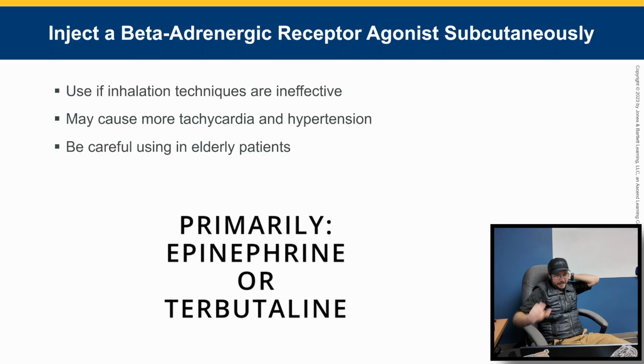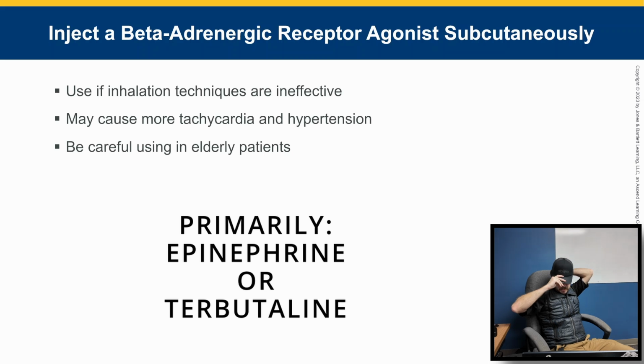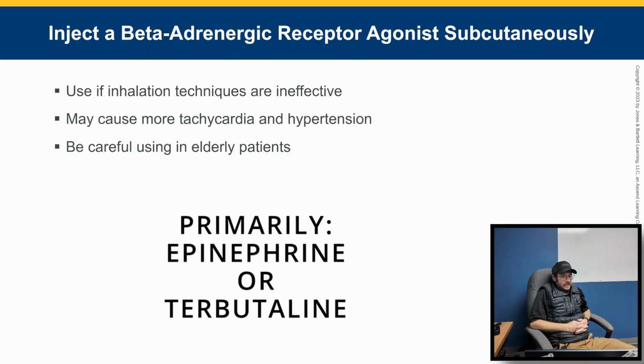So the last thing here, as an emergent use situation, is that we can inject a beta-agonist subcutaneously. One of those would be epinephrine 1 to 1,000.